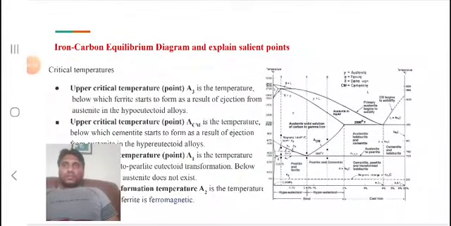The critical temperature point A3 is the temperature below which ferrite starts to form as a result of ejection from austenite in the hypoeutectoid steels. So what is getting ejected here? Carbon. Carbon gets ejected in the hypoeutectoid alloys.